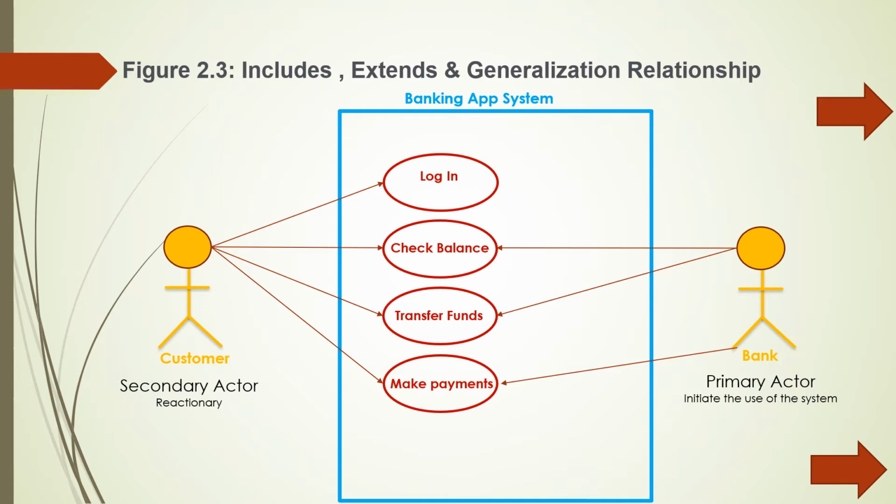Another way to think of it is that the base use case requires an include use case in order to be complete. When you have an include relationship, draw a dashed line with an arrow that points toward the include use case. So, in our example, login is the base use case, and verify password is the include use case.